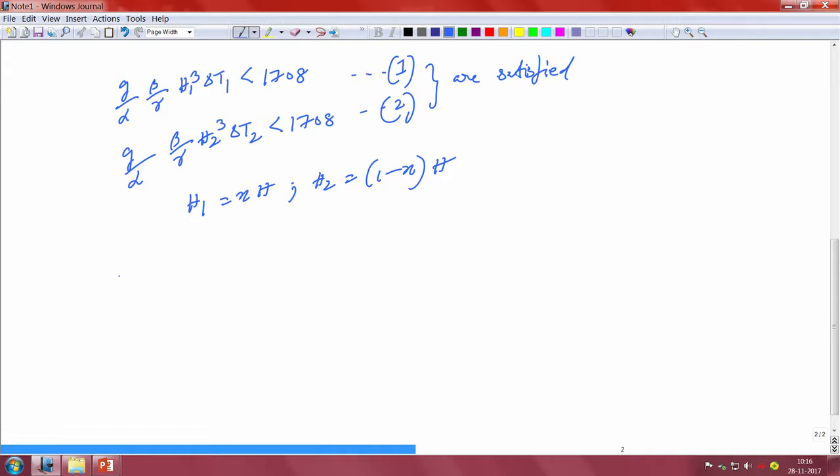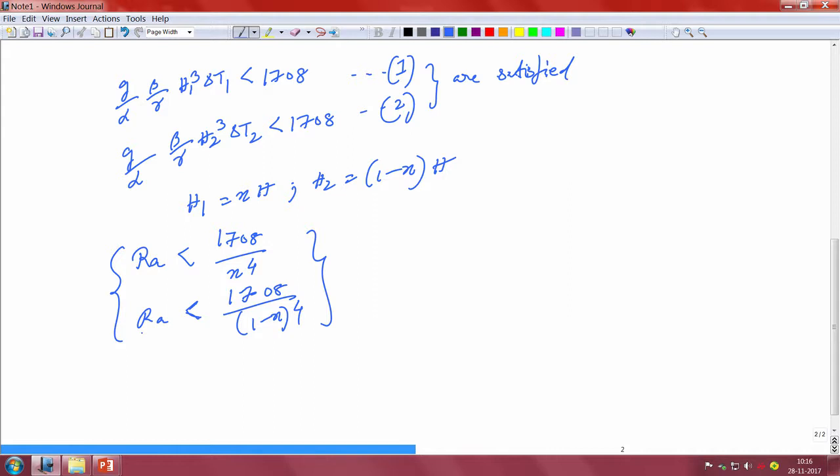And we rewrite these conditions as Rayleigh number less than 1708 by x to the power of 4, and Rayleigh number less than 1708 by (1 minus x) to the power of 4. So, these are the two relationships given.